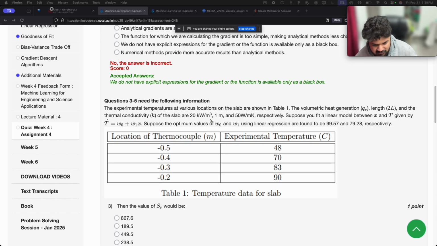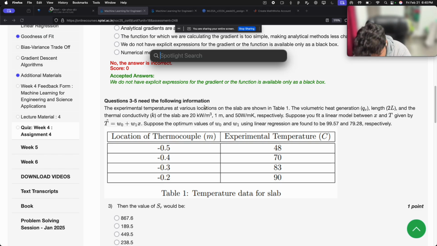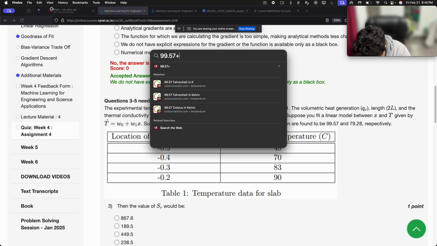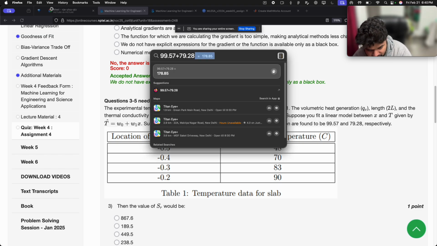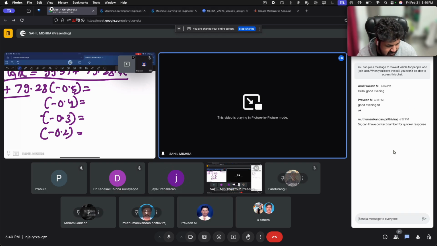Okay, let me read on this screen. 99.57 plus 79. First one. What is the first one? Can you write all four values here in chat?